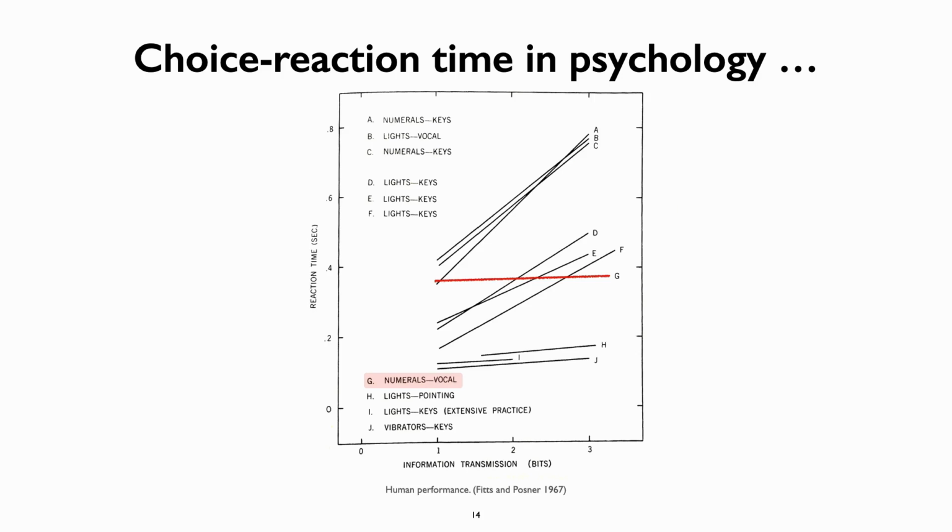While Hick and Hyman found the effect of the stimulus entropy on time, many other psychologists did not, due to the high stimulus-response compatibility. For instance, in Mowbray's experiment, participants reacted to the visual presentation of Arabic numerals by merely reading them aloud. There is virtually no effect of stimulus entropy.